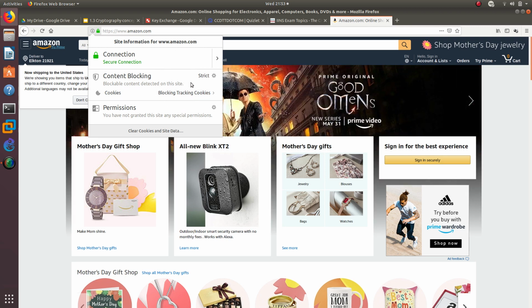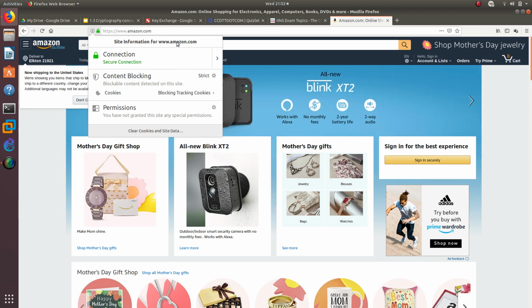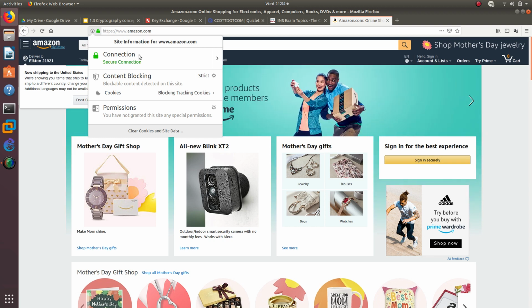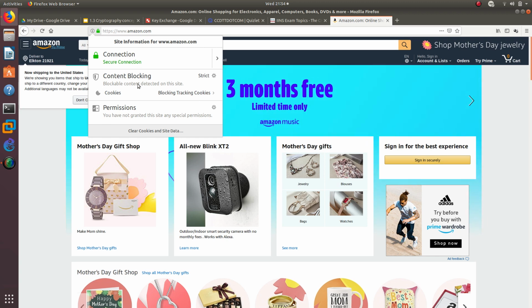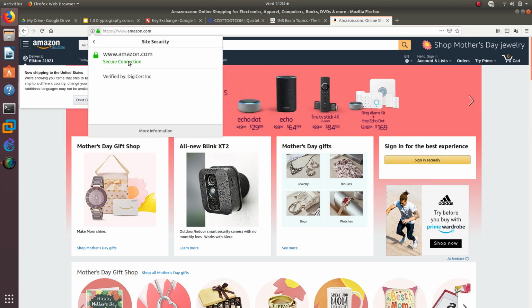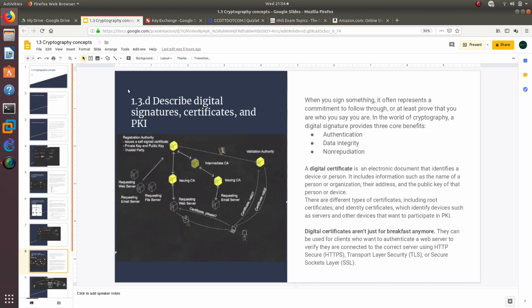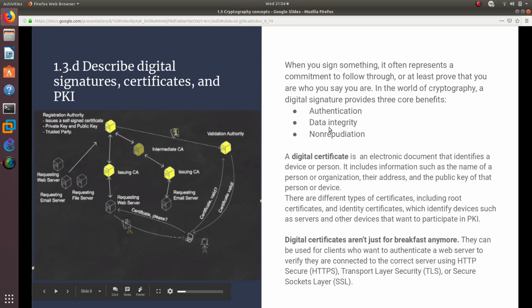Whenever I send data to Amazon, I'm going to use the public key to encrypt it, and then Amazon is going to be able to decrypt it with its private key, which is kept private and is not something that anybody knows about. As you can see right here, my connection is secure and it is verified by DigiCert Inc., and DigiCert Inc. is a CA, or certificate authority. Let's go back and keep presenting.